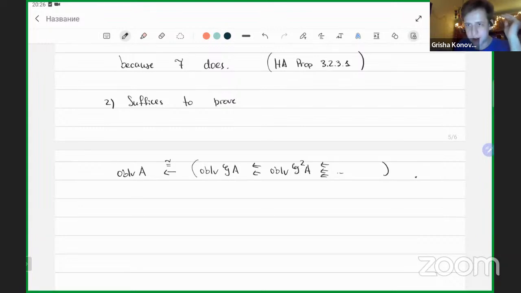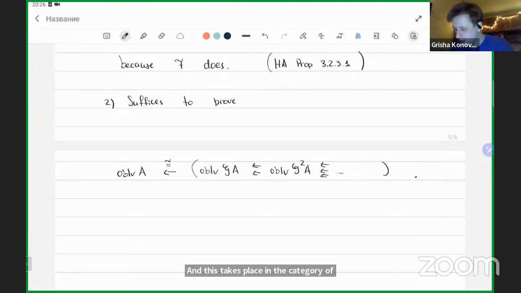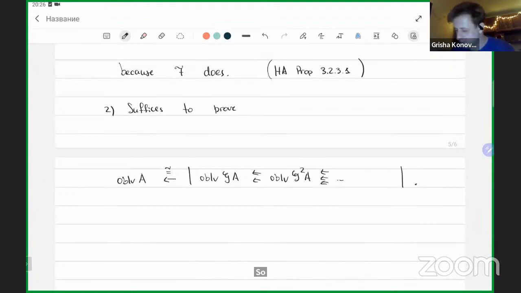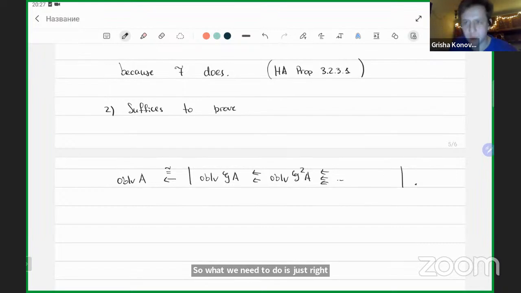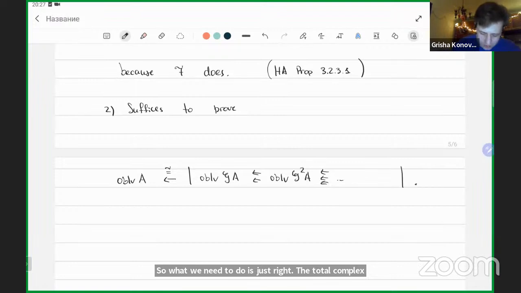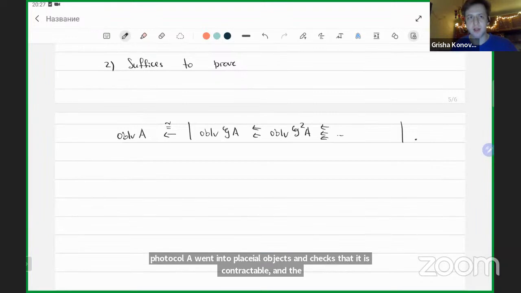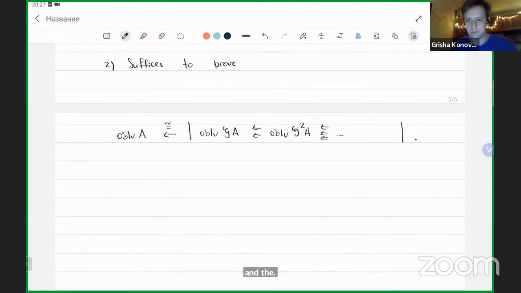This takes place in the category of complexes, and geometric realization in the category of complexes is just given by the total complex. So what we need to do is write the total complex for the whole augmented simplicial object and check that it is contractible. One can write a contracting homotopy with an explicit formula.